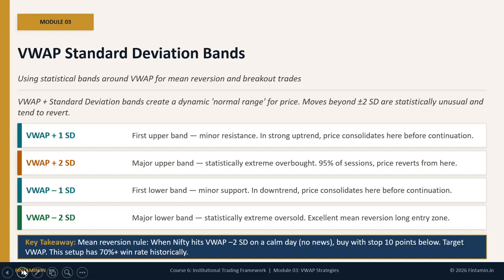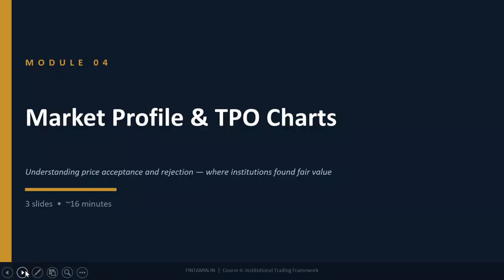VWAP is real-time analysis. Market profile analyzes the entire day structure, in module number 4, that is market profile. Developed in the 1980s for the Chicago Board of Trade. It organizes price data by time spent at each level, revealing where the market found genuine value and where it was rejected.